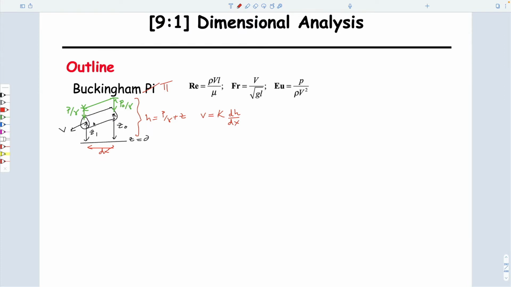If we wanted to explore this behavior, we could use this theorem of Buckingham Pi.